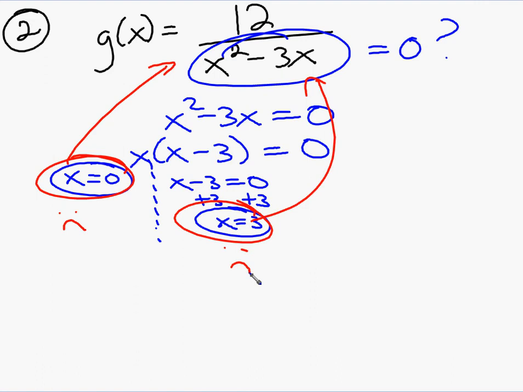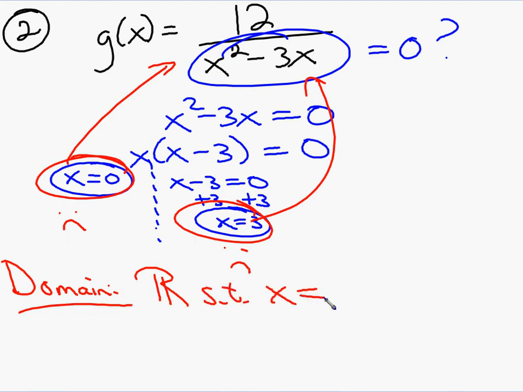So what is my domain? My domain, writing it the first way, is all reals such that x does not equal 0 or 3. Because those are the two numbers that don't work. So the domain is everything else. Okay?